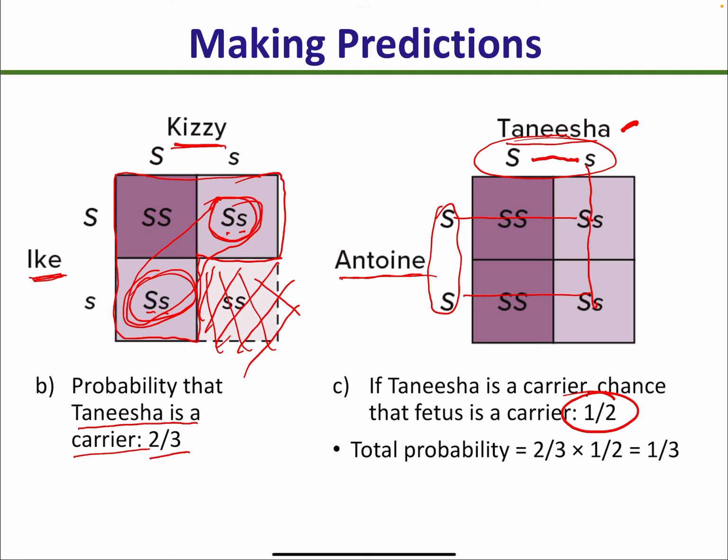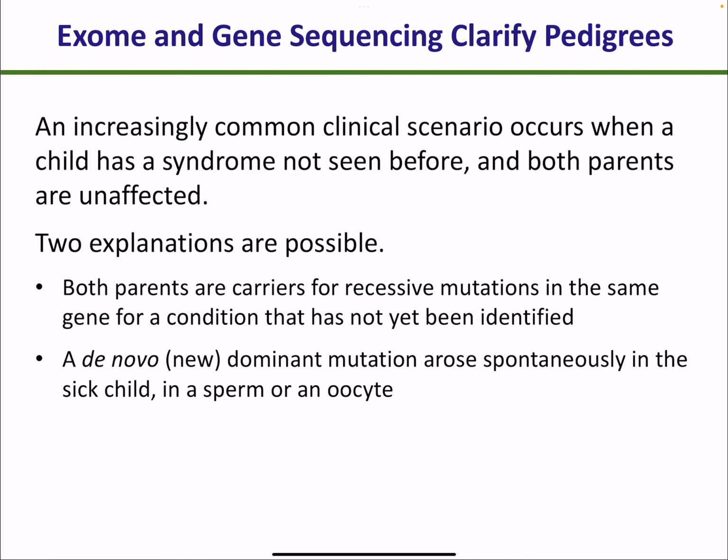Now, what is the chance that the unborn child is going to be a carrier? That probability is the 2/3 here times the half right here. The total probability is 2/3 times 1/2, that is 1/3. Okay, that is basically how you calculate the probability, right?